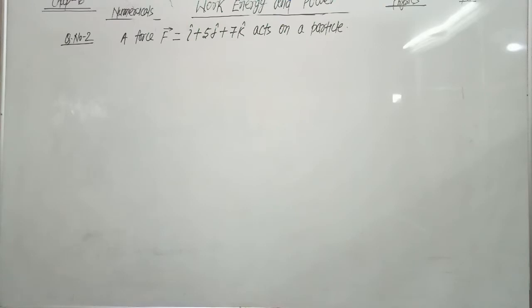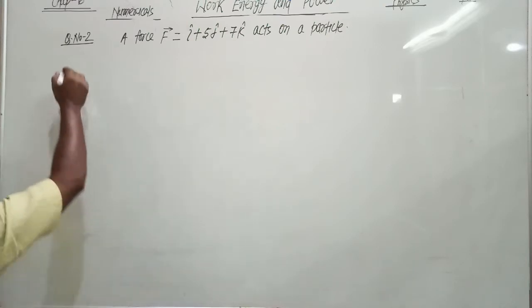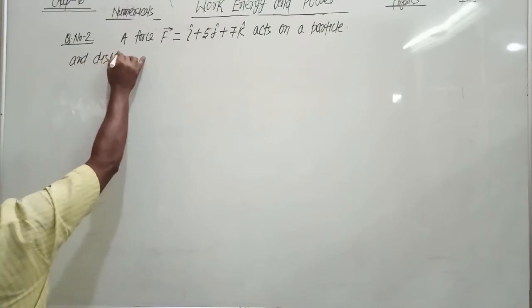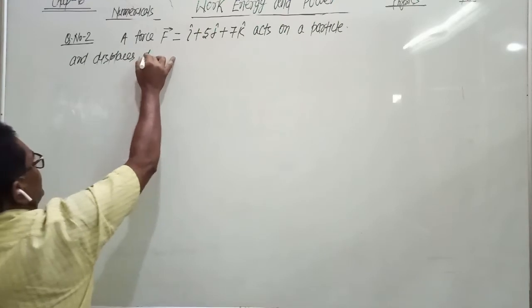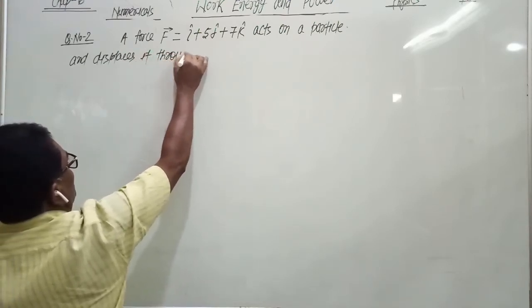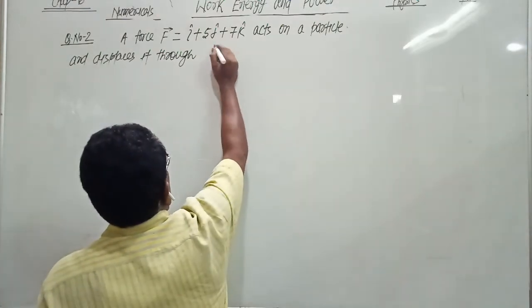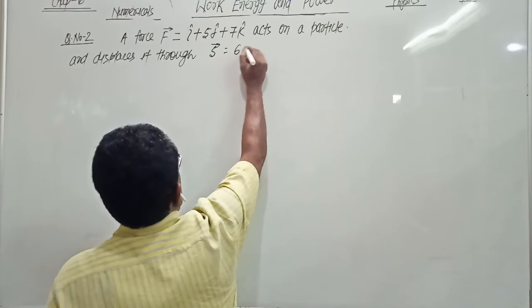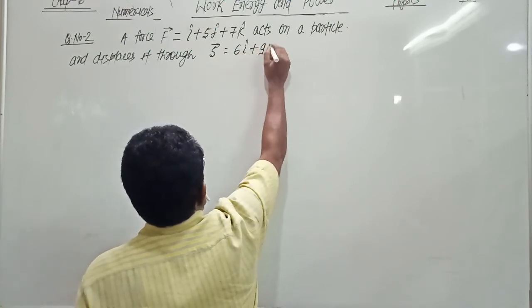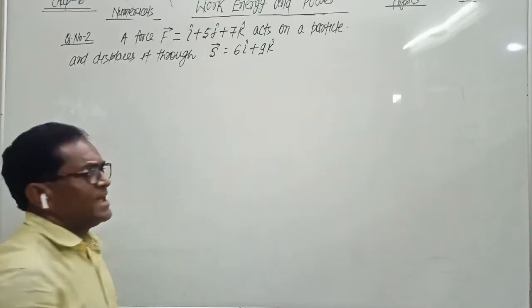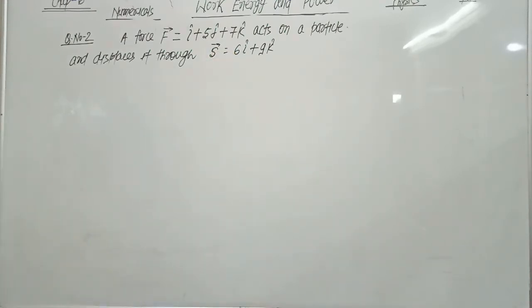It displaces it through S equals 6 i cap plus 9 k cap. This is the displacement vector: vector S equals 6 i cap plus 9 k cap.